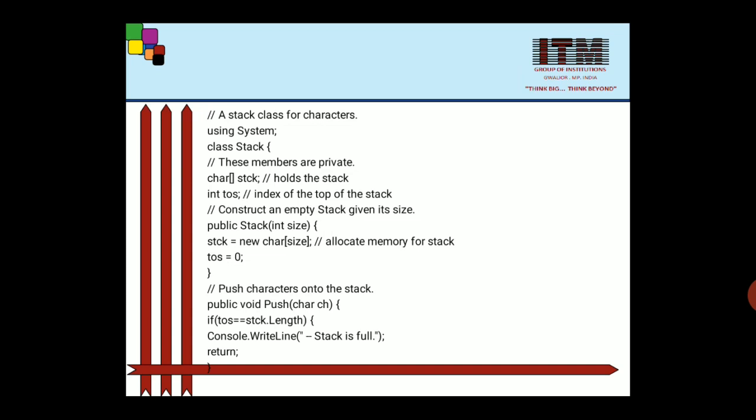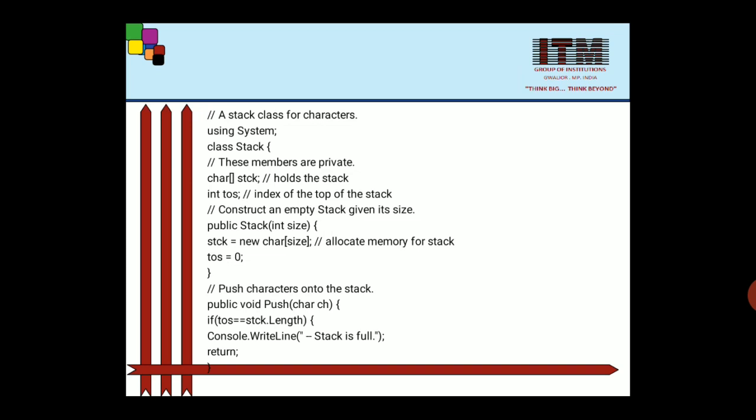The tos member holds the index of the top of the stack, and both tos and the stck members are private. This enforces the last in first out stack mechanism.